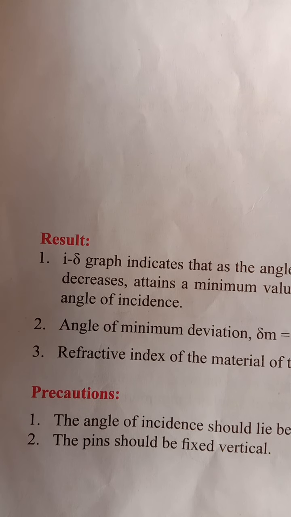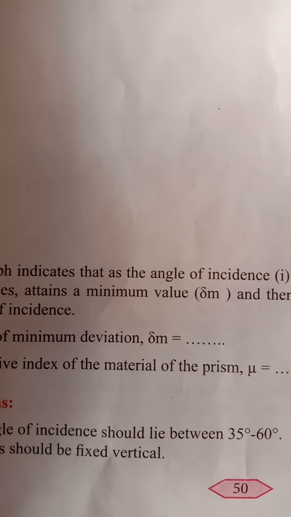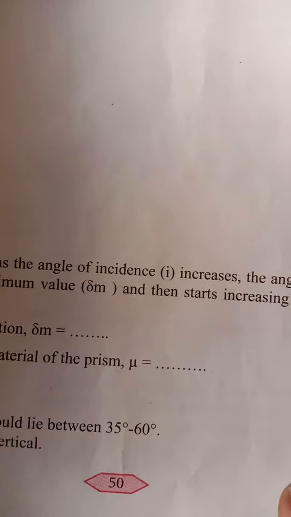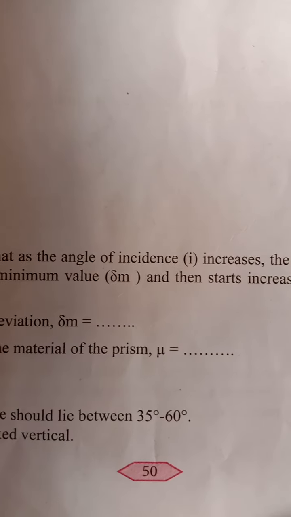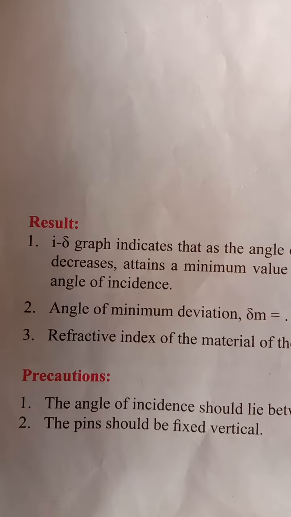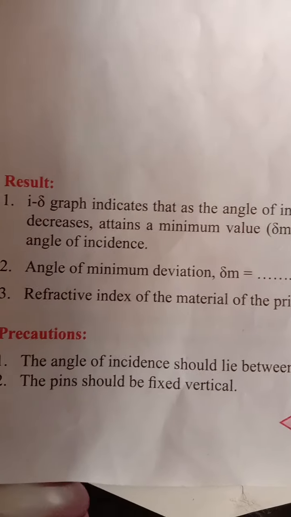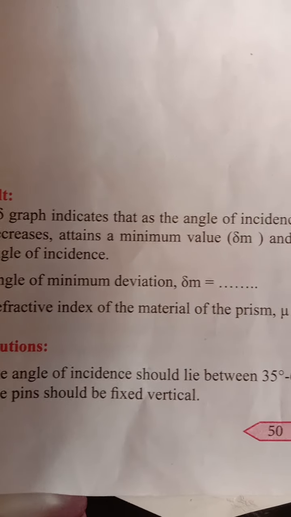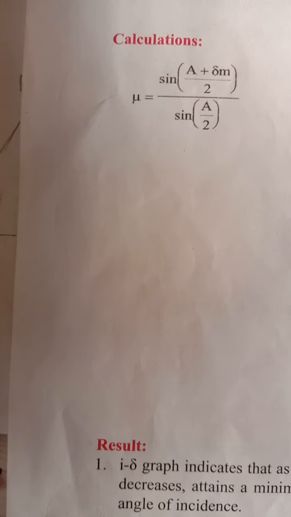The first result is that the I against D graph indicates that as the angle of incidence I increases, the angle of deviation decreases, then attains a minimum value delta m, and then starts increasing for a further increase in the angle of incidence. From this we will write the angle of minimum deviation from the graph, and then the refractive index of the material of the prism mu, by calculating it with the help of this formula. So simply, this is the procedure for this experiment.